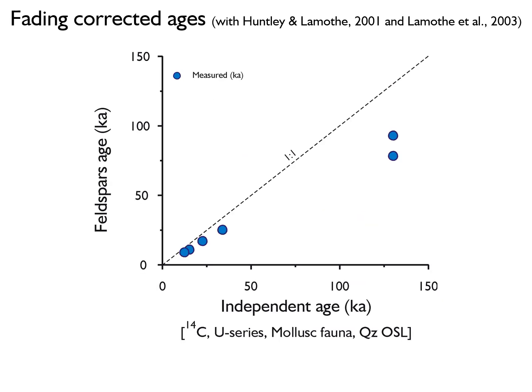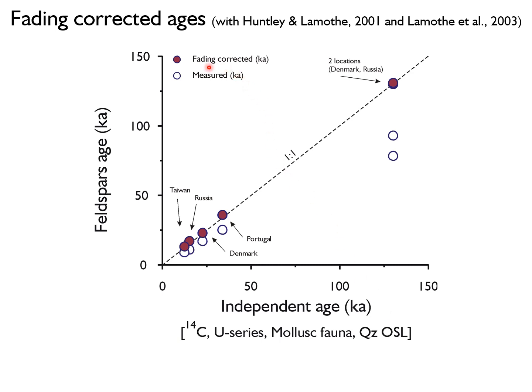And so one way to tackle that problem of anomalous fading with feldspar is to apply a correction method. As I was showing, if we simply measure a luminescence age from feldspar, the age will underestimate the independent age.